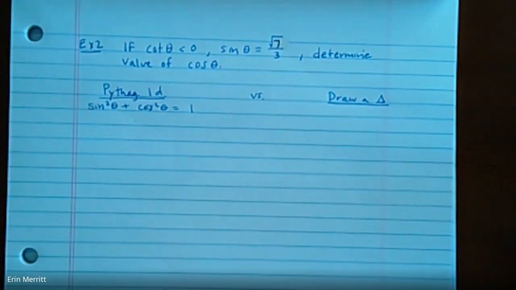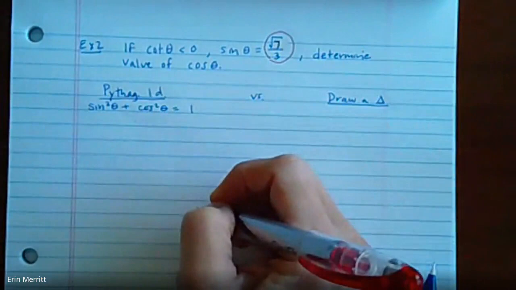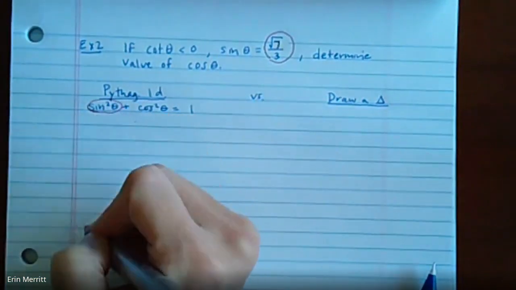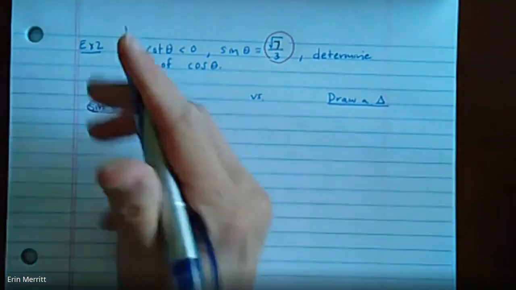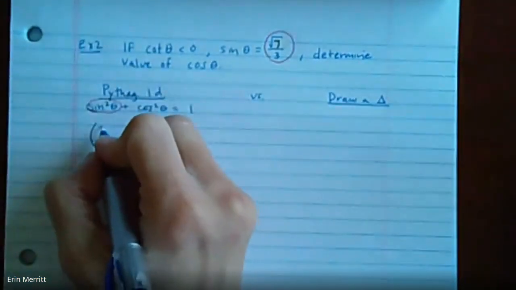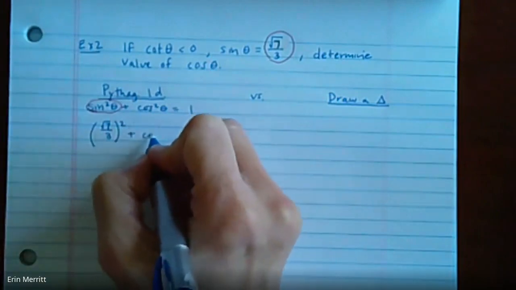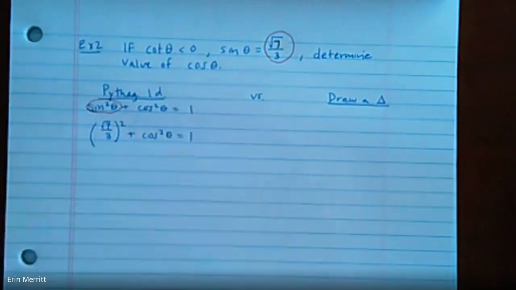Cool. Let's plug in what we know. This is what sine of theta is equivalent to. So we're going to plug that in right here and square it. So we have radical 7 over 3 squared plus cosine squared equals 1.